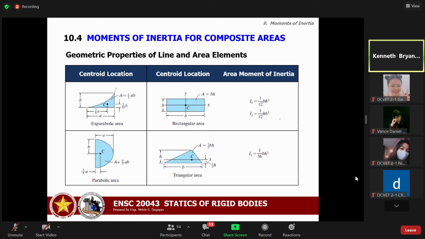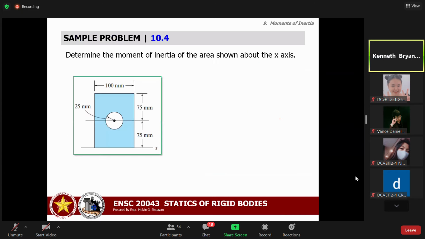Examples for that para may idea kayo kung paano nakuha yung mga formula. Kasi kung hindi, maniniwala ka na lang na may formula. Mas madaling maintindihan yan kapag merong example.